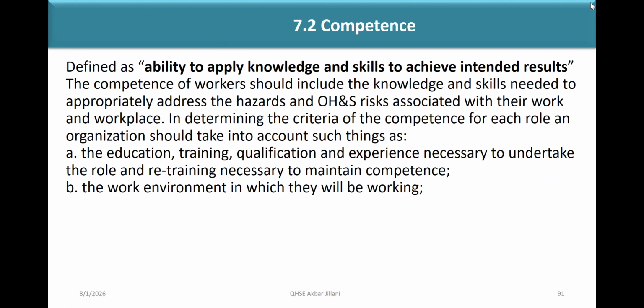Now, competence. When the word competence comes, we come with the word SKET. SKET stands for: S for skills, K for knowledge, E for experience, and T for training.